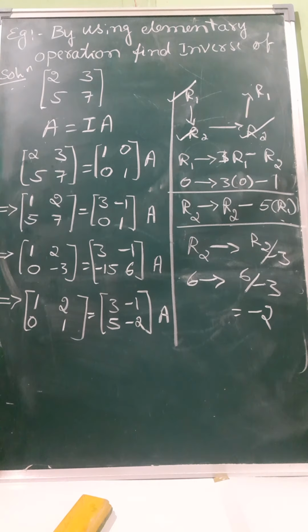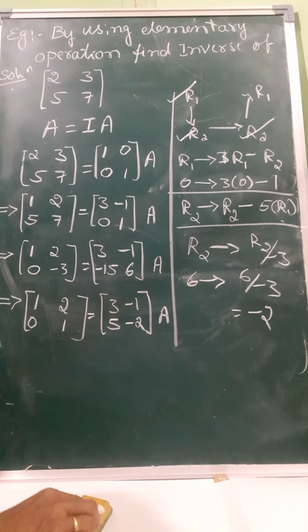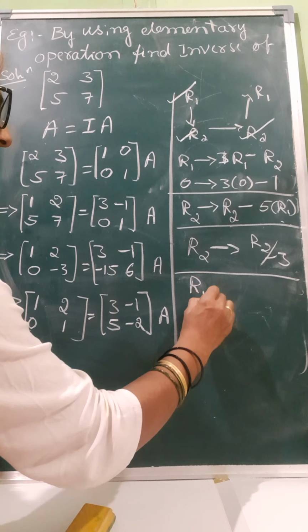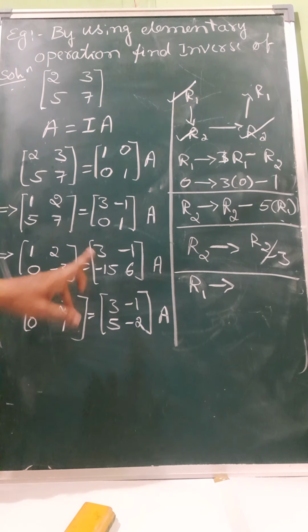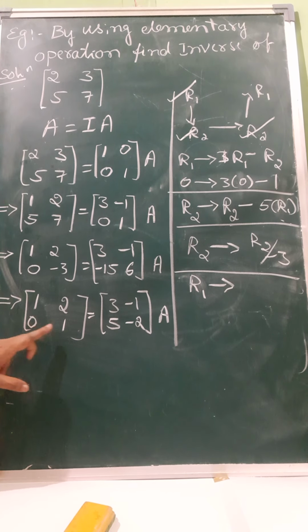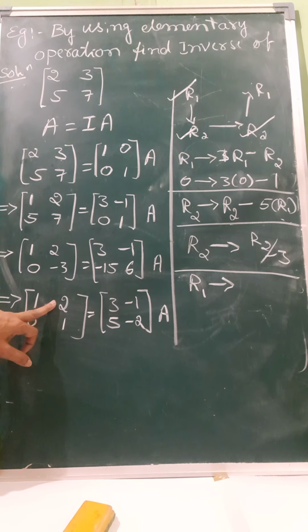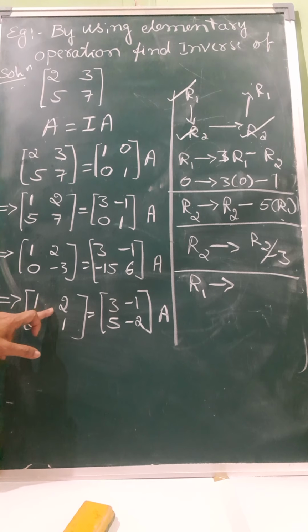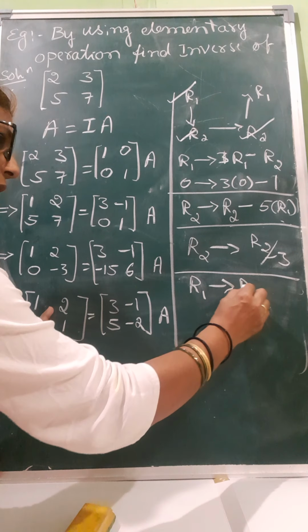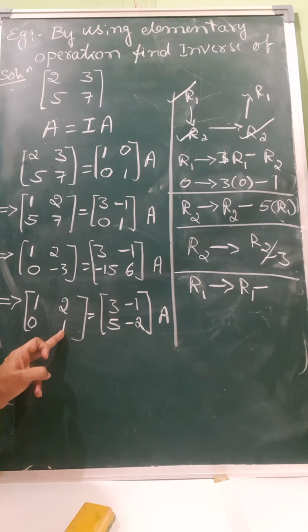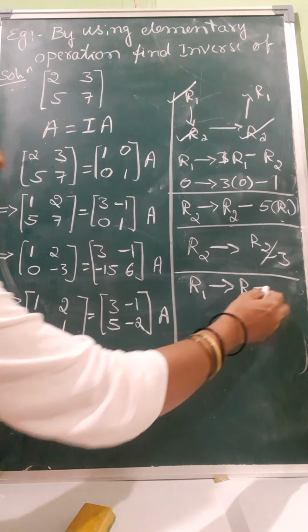Next we come to R1. How can you change R1? R1 changes to 1, 0, and 1 is already over. 2 becomes 0. This R1 changes to R1 minus 2 into R2. Here is the 1, 2 into 1 is 2, 2 minus 2 is 0.